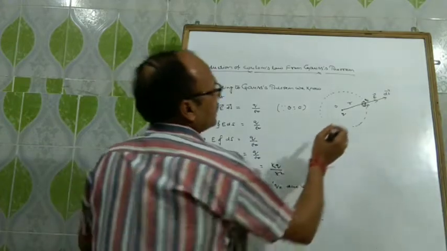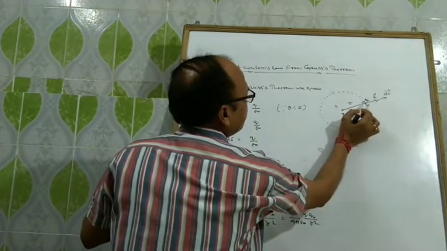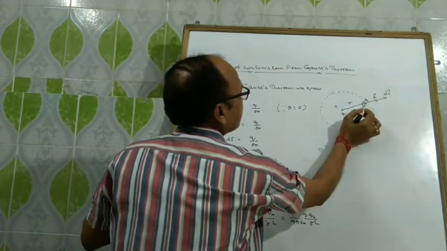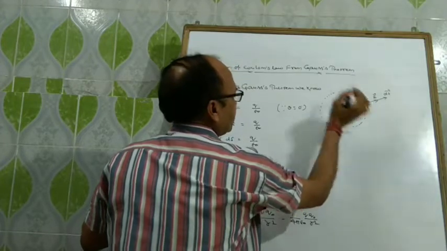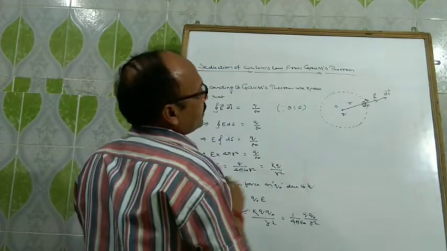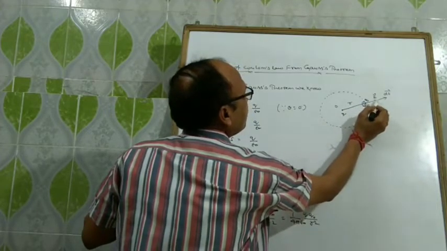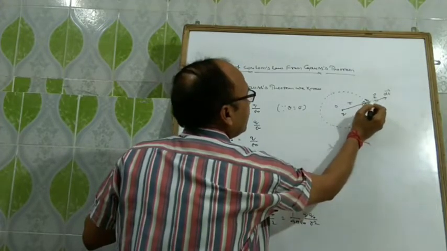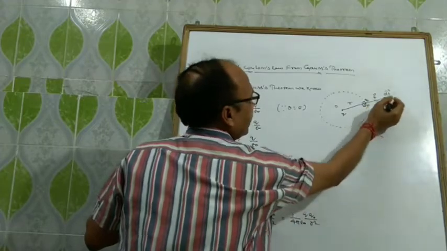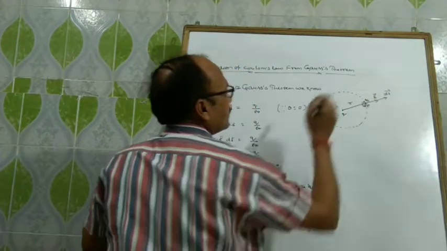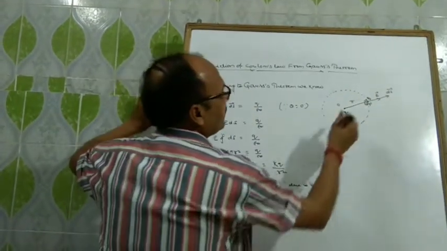On that sphere we are taking a small area ds around the point P. At this point you will see the direction of E, the electric field, and ds, the small area, both will be in the same direction.